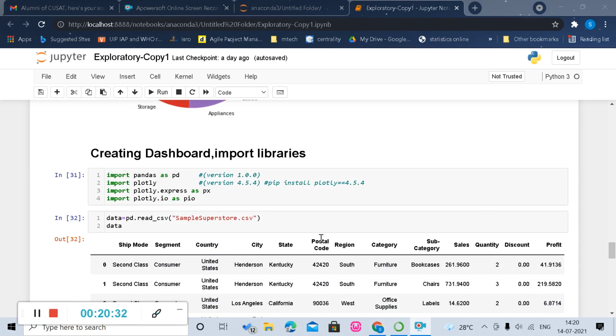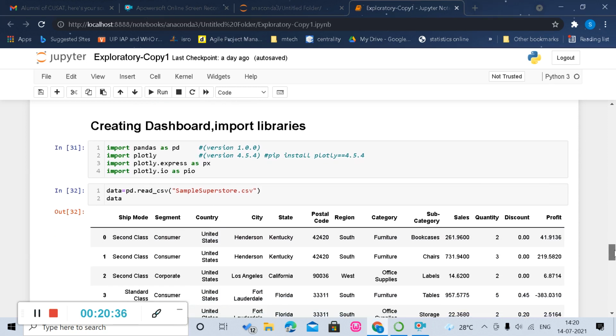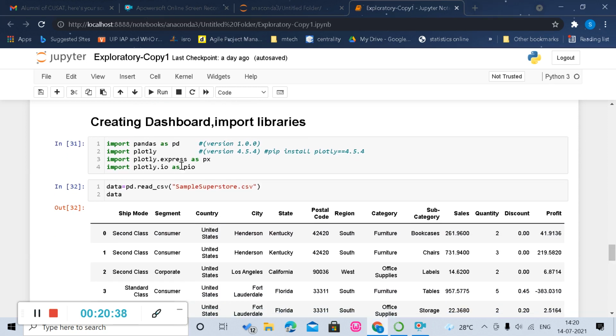Next I am trying to create a dashboard, and again I am importing some libraries, very important here: plotly.express as px, plotly.io as pio. Plotly is the library I use here for creating the dashboard.